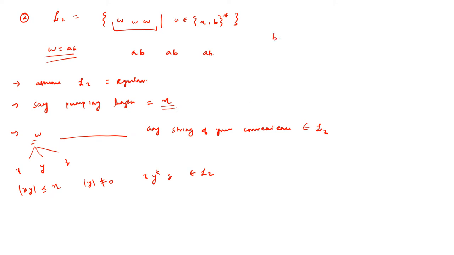So when you say BA, then your proof is restrictive only to this string. But pumping length can be arbitrary.